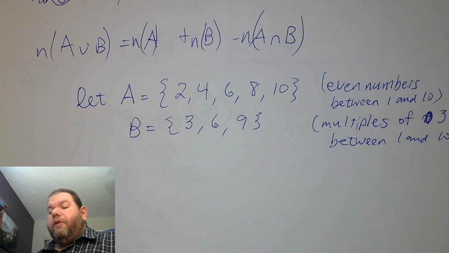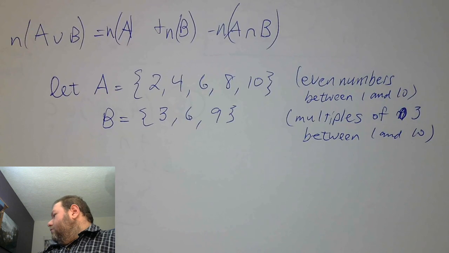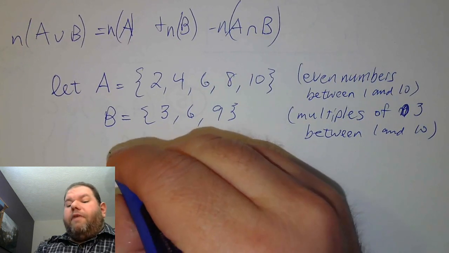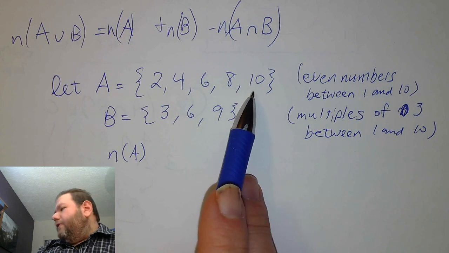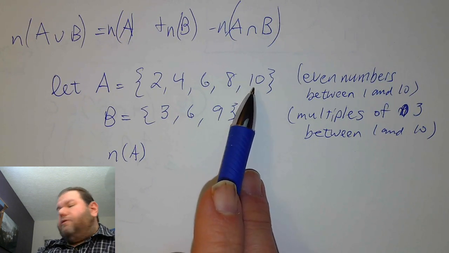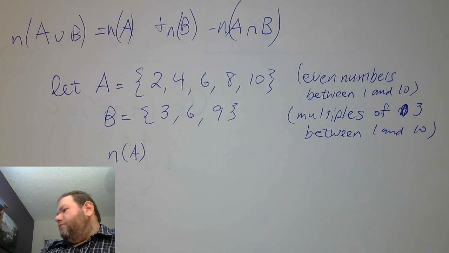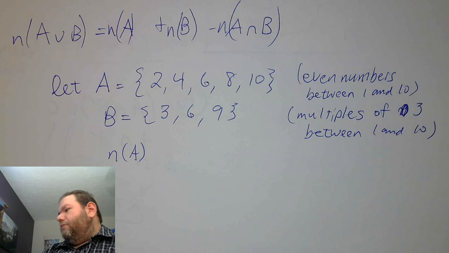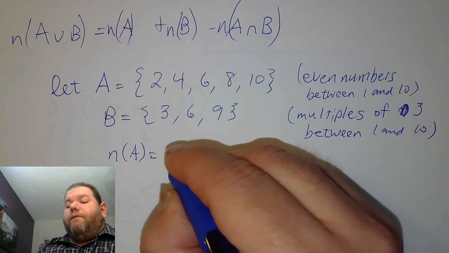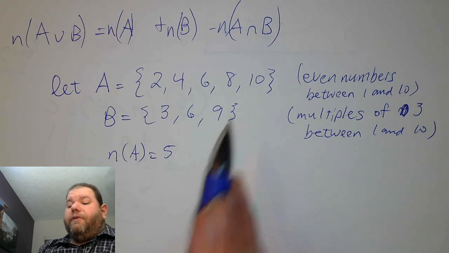So when we say n of A, how many elements does set A have? N of A is equal to 5. We have 5 elements there.